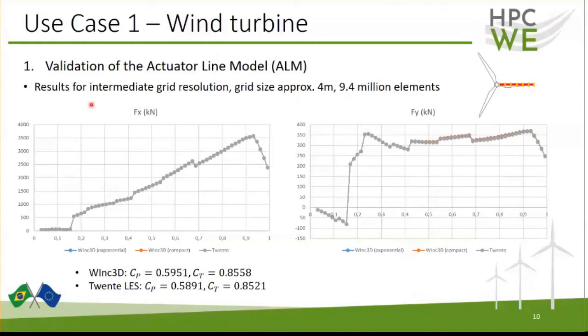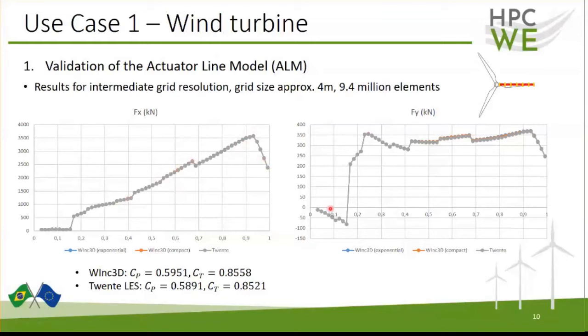Then here are some results for the intermediate grid resolution. The grid sizes are approximately 5 meters with 9.4 million elements total. Each point that we see here in the graphs represents one of the blade elements. For this intermediate grid resolution, the results fit very well.